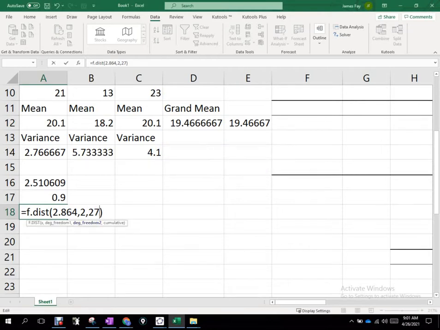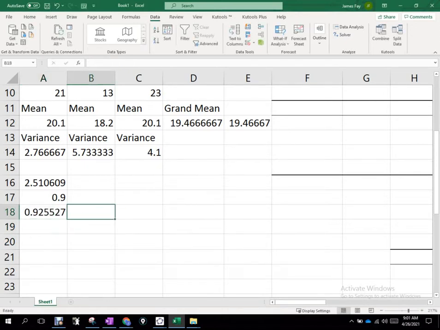Oh, I forgot to type in true. Type in true, hit enter, and it gives me that. If I go 1 minus that, that shows me the area.